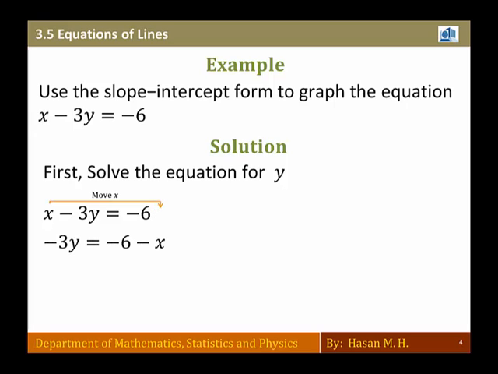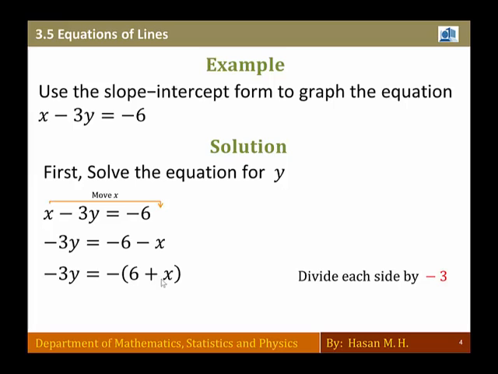We will have negative 3y equals negative 6 minus x, which I can write as negative 3y equals negative (6 plus x).